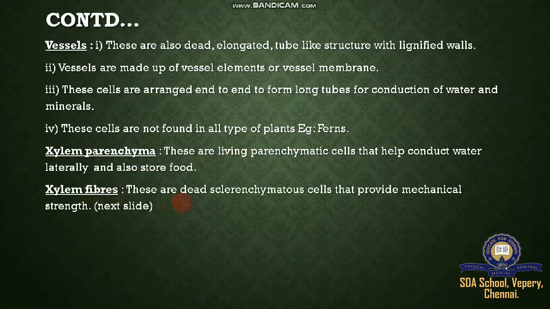Xylem fiber: these are dead sclerenchyma cells that provide mechanical strength. So xylem is made of xylem vessel, xylem trachea, xylem parenchyma and xylem fibers. The vessel and tracheas transport water, the parenchyma assists the dead cells in transport of water, and the fiber gives mechanical strength to the xylem tissue.